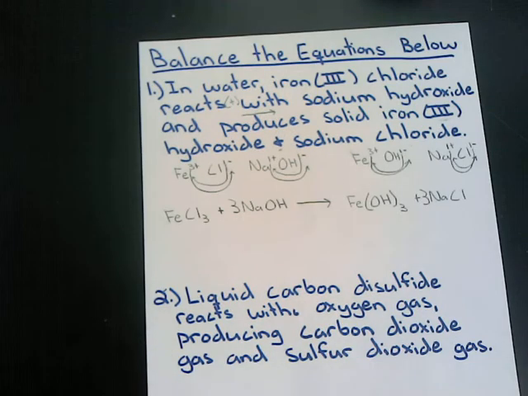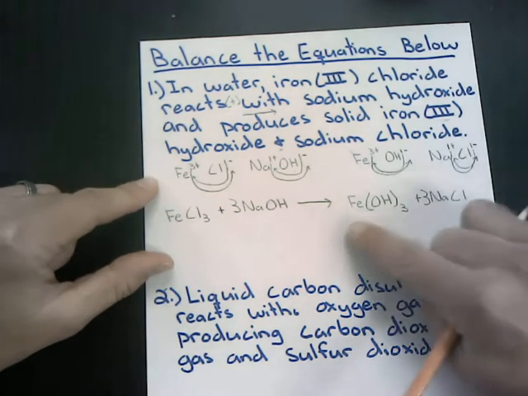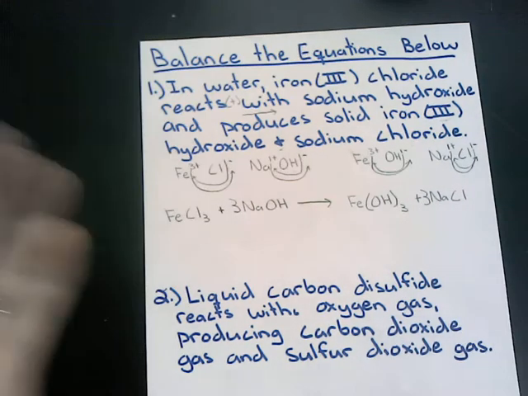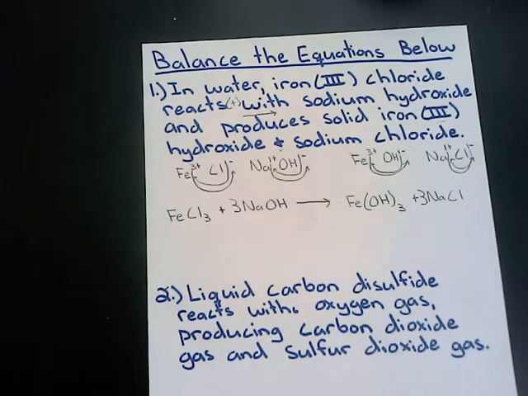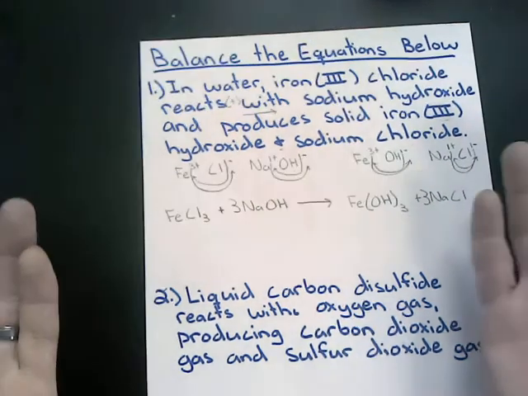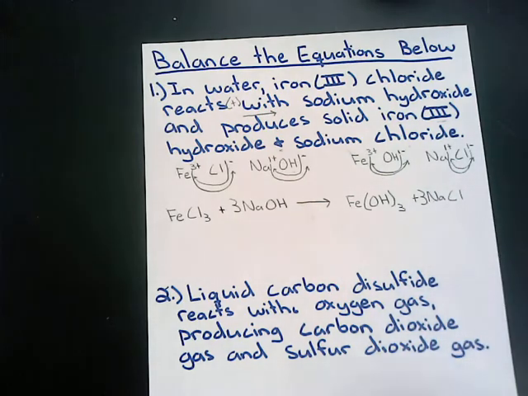We now have 3 hydrogens. Now, at this point, it is balanced. But what I want you to get in the habit of is going back and double checking to make sure I have equal atoms on the left side as I do on the right side. So always double check. And we'll have a couple more examples to go through this particular process.